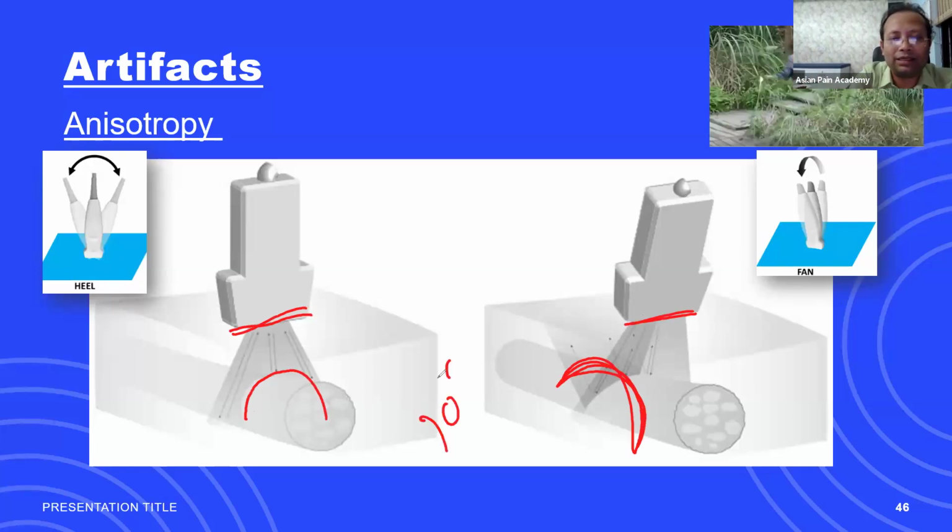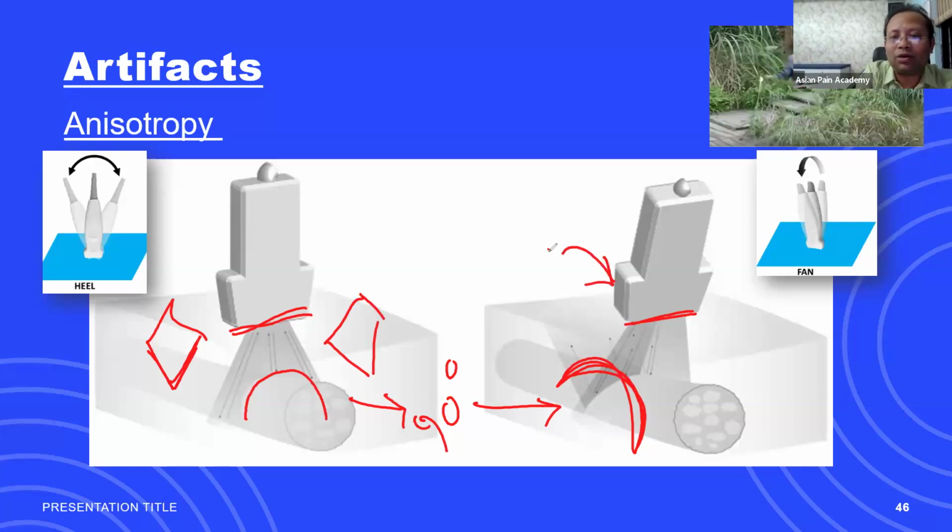Both these are 90°. So here your probe will come like this or like this. Both the movements, this movement and this movement, are 90° to each other. So this is heel toe movement. This is fanning.